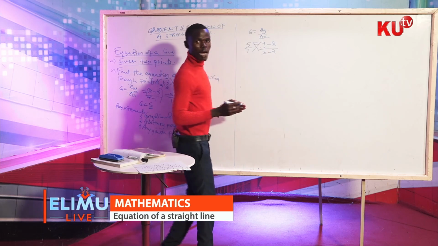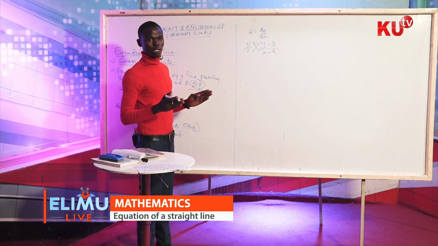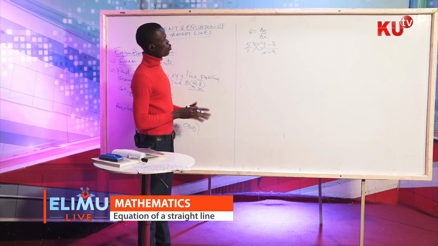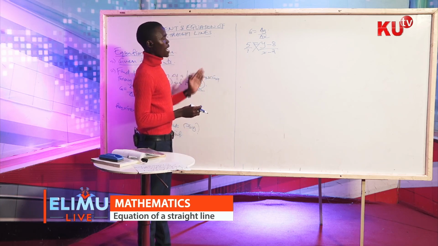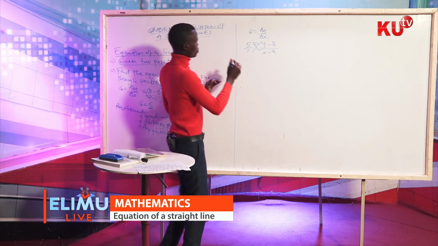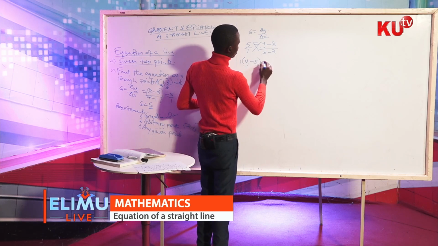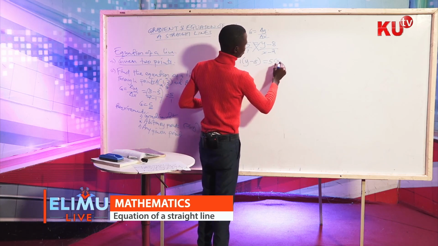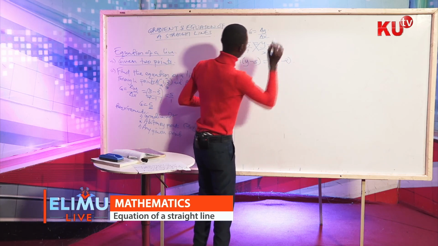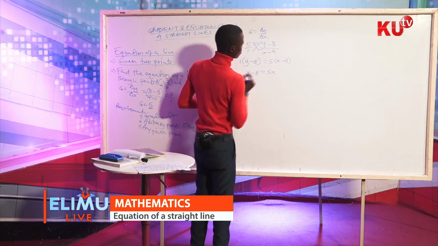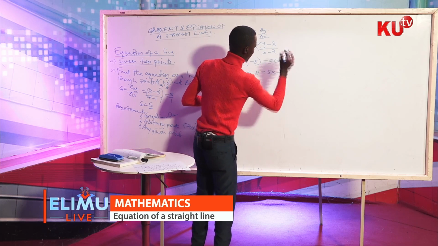And I will advise the students that whenever you reach this point, always make sure y is on the left hand side for easier working. It will be 1 into y minus 8 equals 5 into x minus 2, which will be y minus 8 equals 5x minus 10.